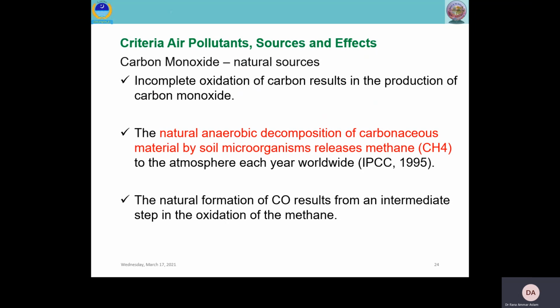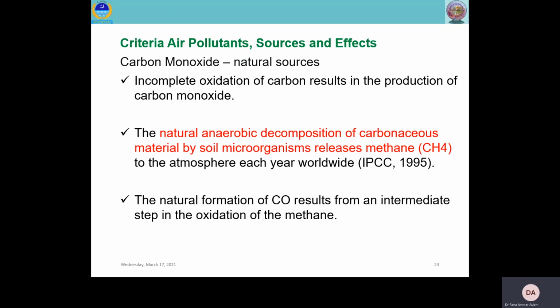Carbon monoxide is also being emitted from natural sources, like the natural anaerobic decomposition of carbonaceous material by microorganisms, which releases methane to the atmosphere.